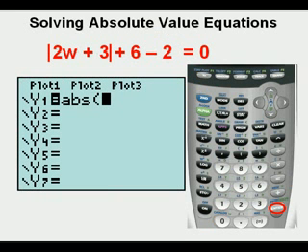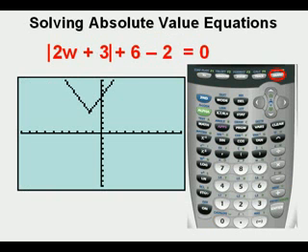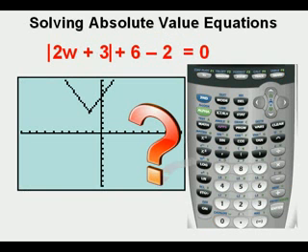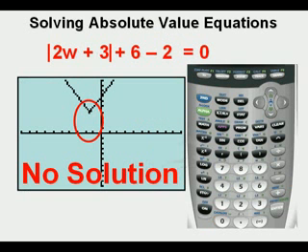We complete inside the absolute value notation by entering 2x plus 3 and close the parentheses. Then we complete the left side by adding 6 and subtracting 2. We graph by pressing zoom 6 or graph. Does the absolute value function hit the x-axis anywhere? No, it does not touch anywhere on the x-axis, therefore there is no solution.